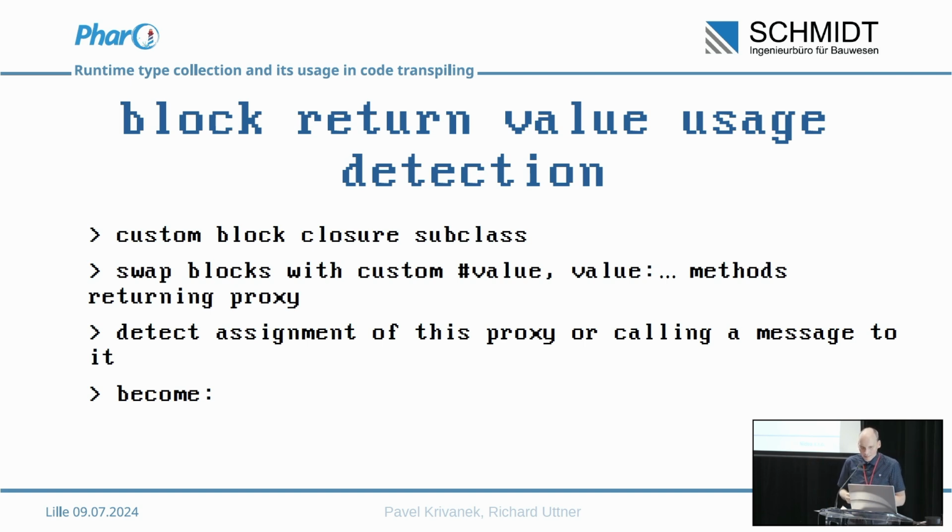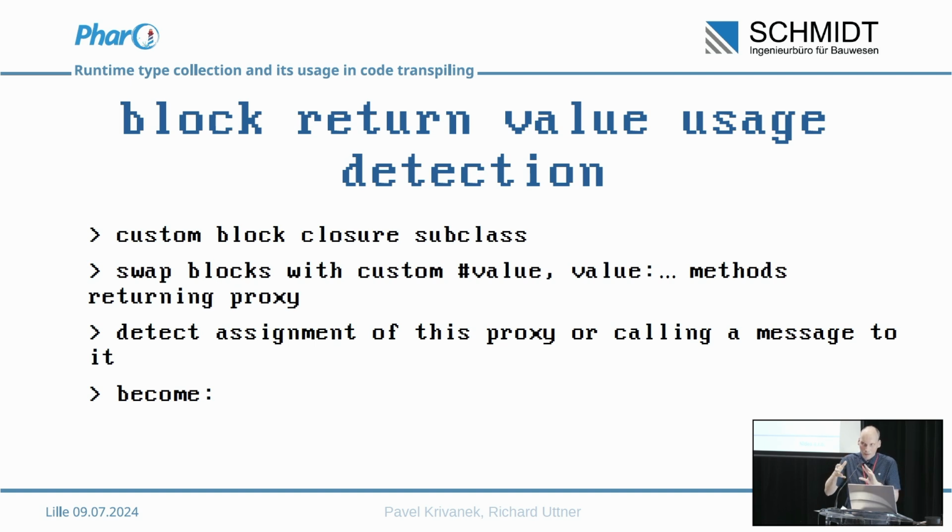And when this block is then evaluated, it returns a proxy object instead of the actual result. And for this proxy object, I detect if some message was sent to that object, or if it was assigned by another metalink.